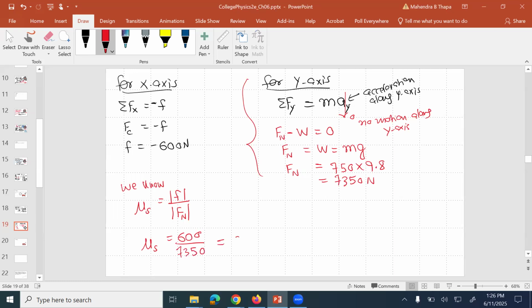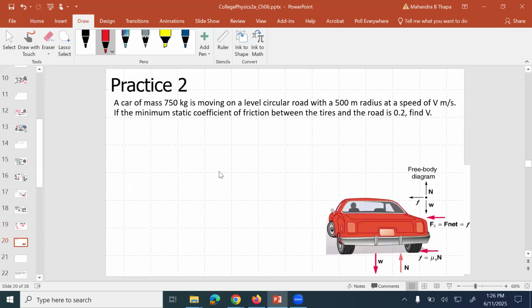That gives me 0.082, which is nearly equal to 0.01. So that's how we use Newton's second law to solve this problem. You can try a similar problem. Follow the same steps to find speed. Again, you can write Fn and follow the same steps as we did before.